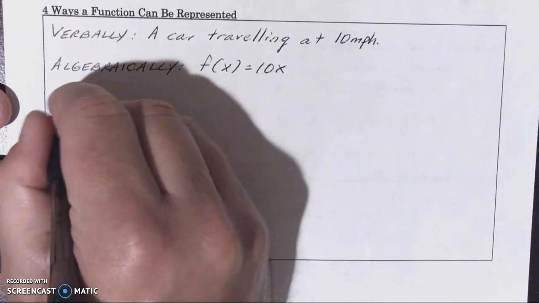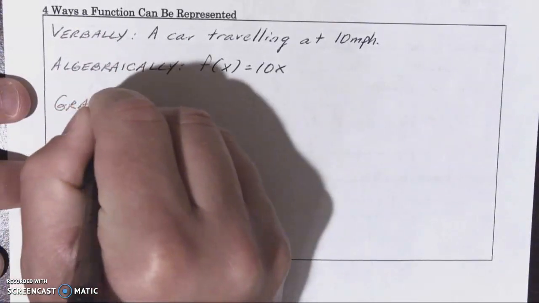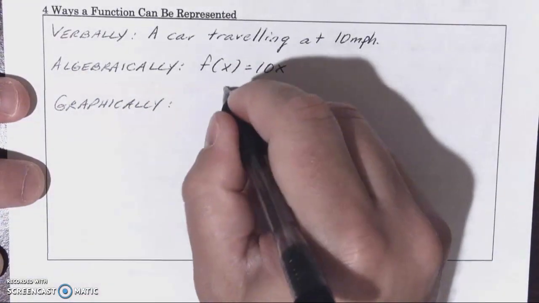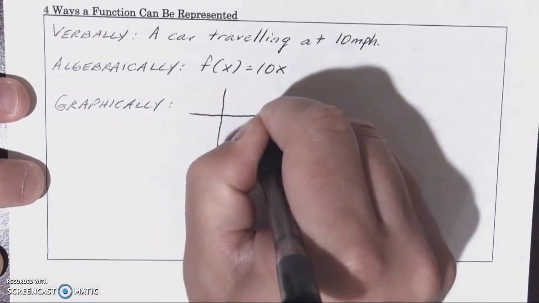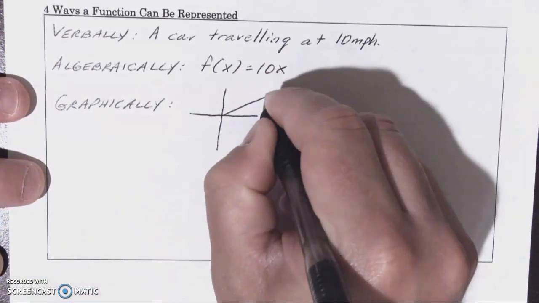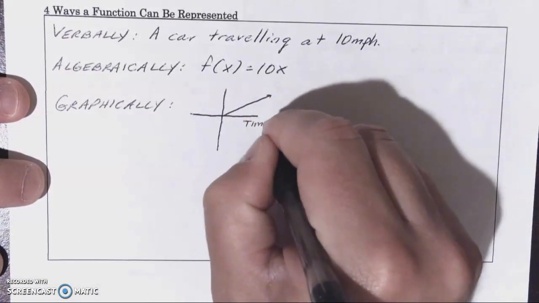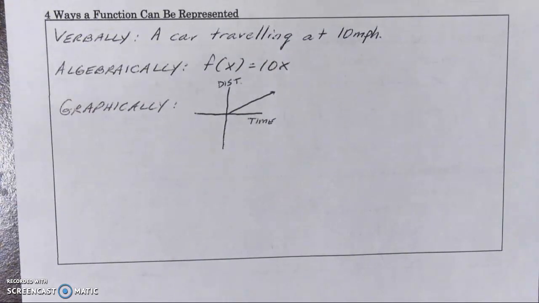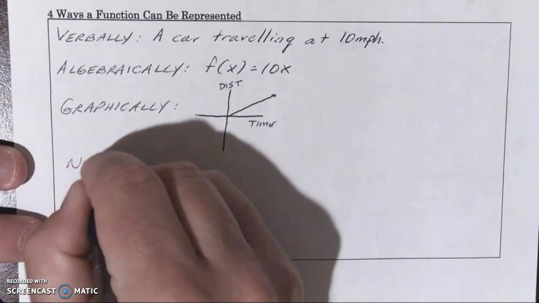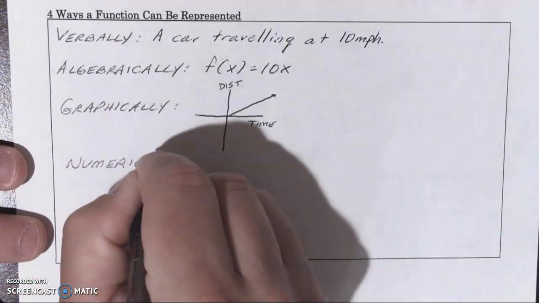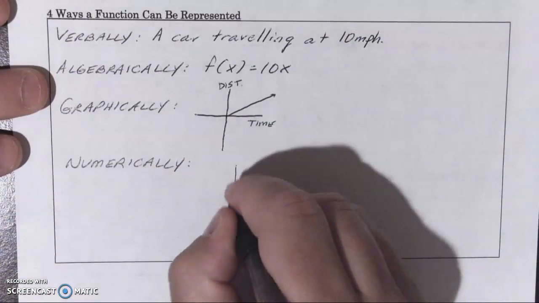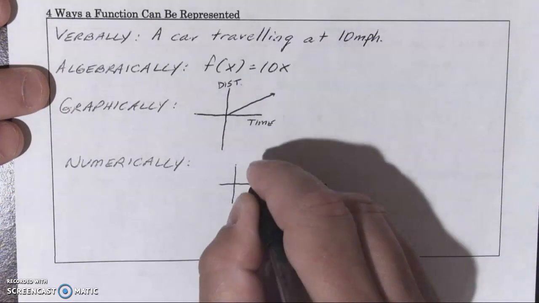Okay? Graphically, this same function might be able to be represented graphically. Maybe this is a time and distance graph. And then it can also be represented numerically. Most of the time when we talk about a numerical representation, we're talking about a table of values.